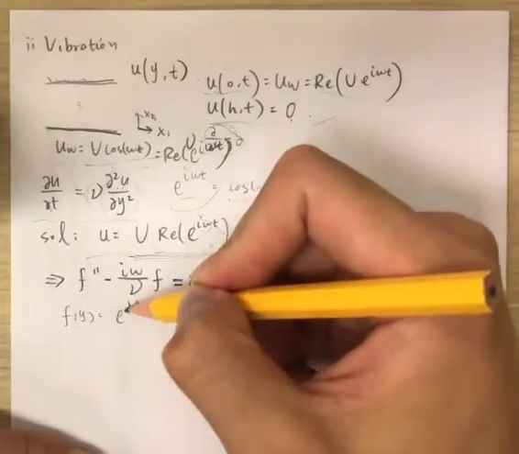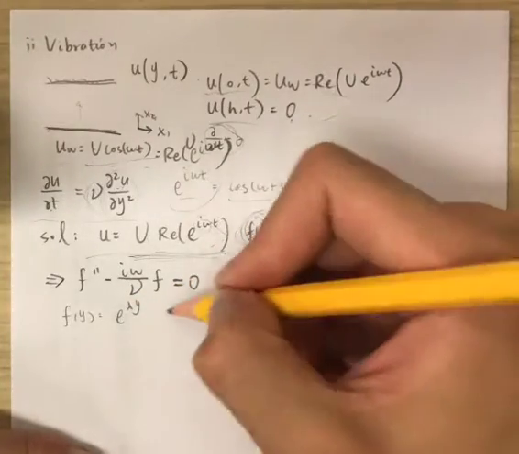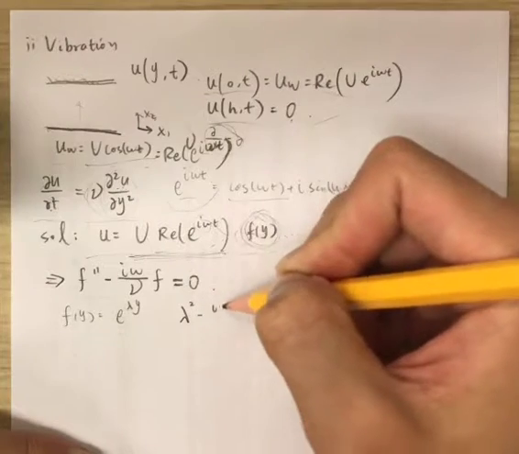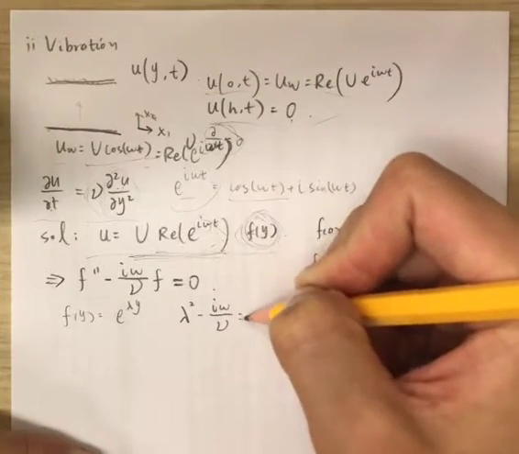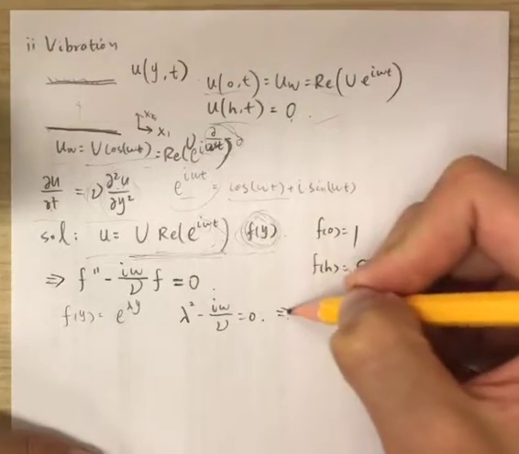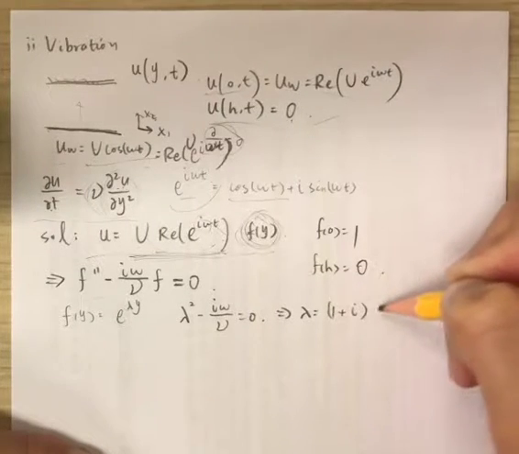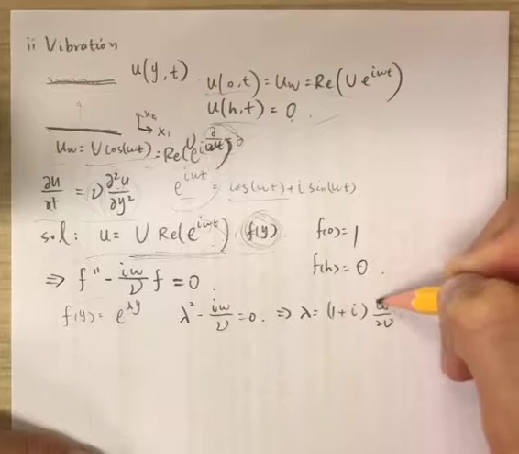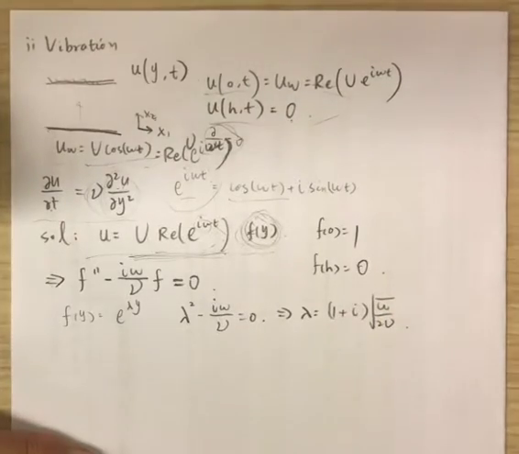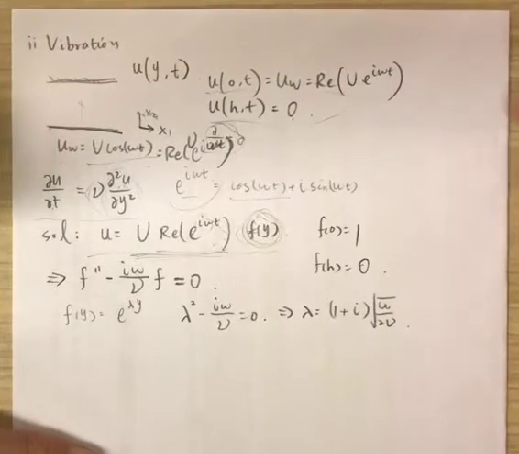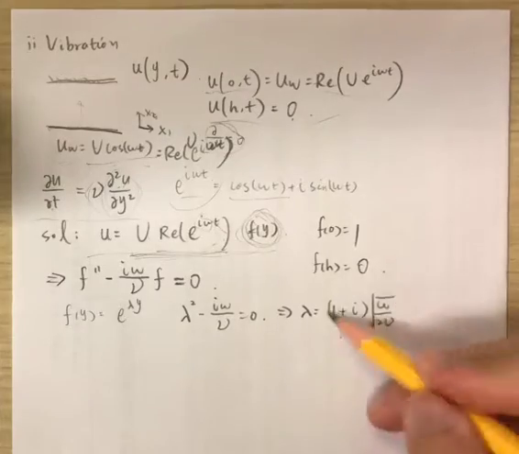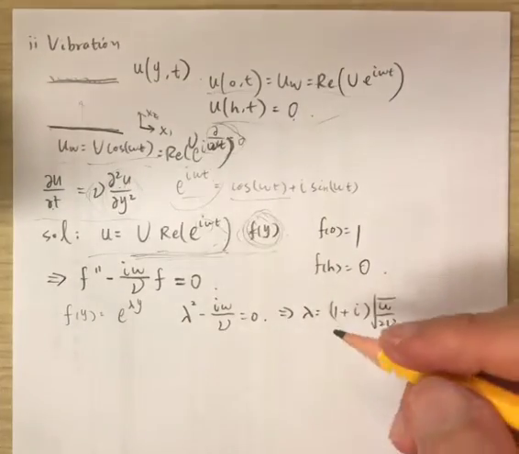So to get lambda, we need to solve the following equation, which is lambda squared minus i omega over nu equals 0. So obviously lambda is equal to plus or minus (1 plus i) times the square root of omega over 2 nu. If we plug this back, we get the value of f.